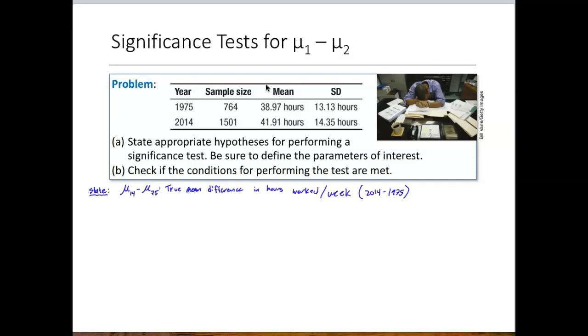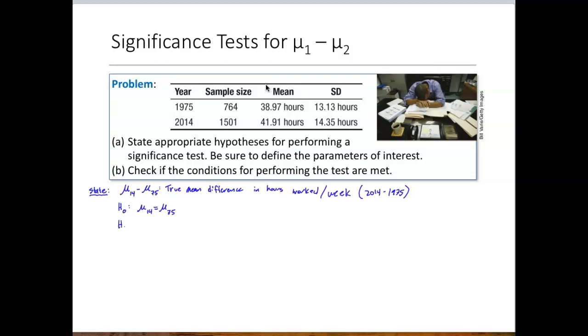All right. What's our null hypothesis here? Yeah, that they're equal. Good. So in our calculator, that's fine, that they're equal. Mu 14 equals mu 75.